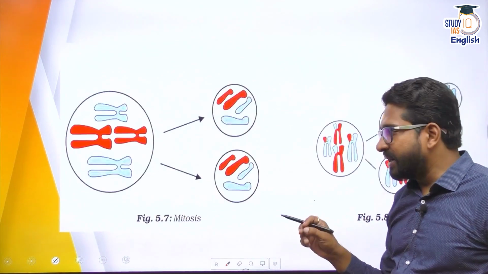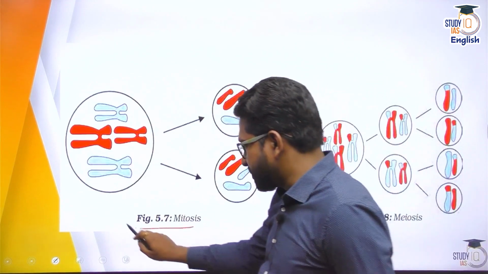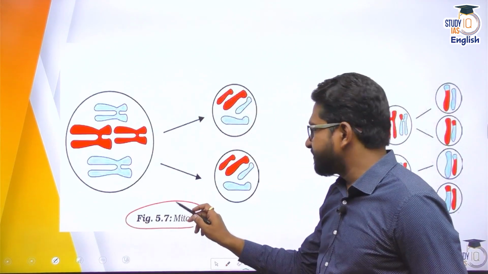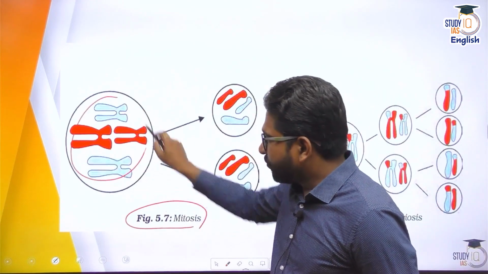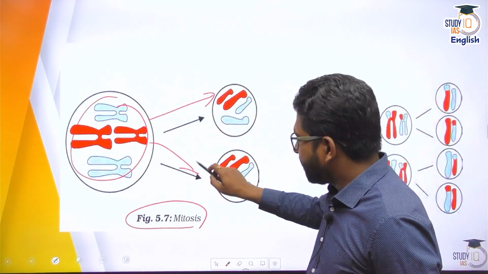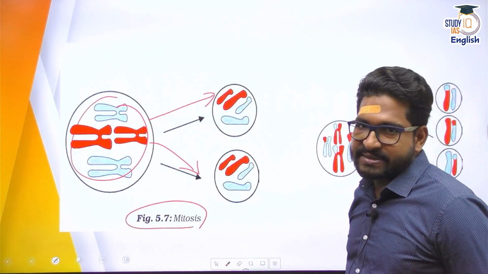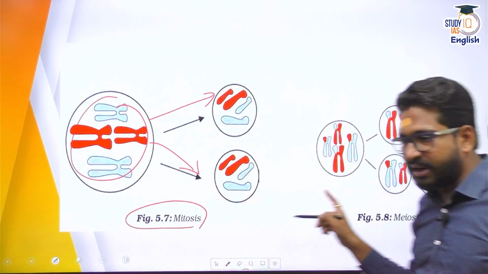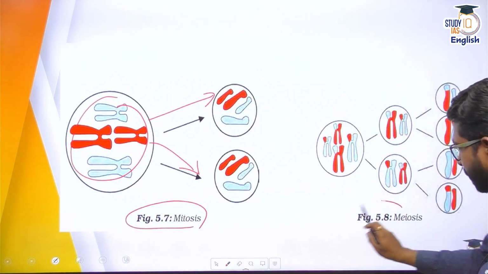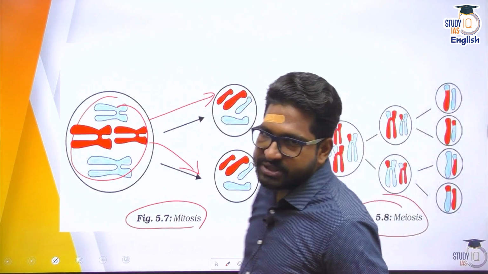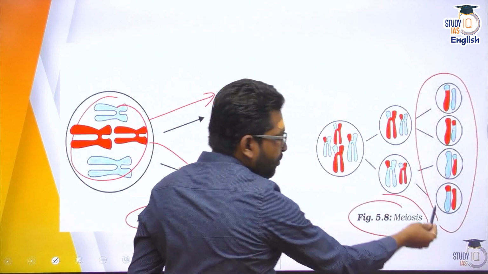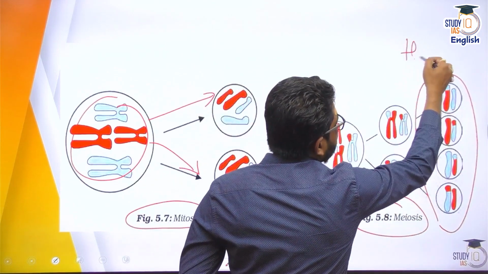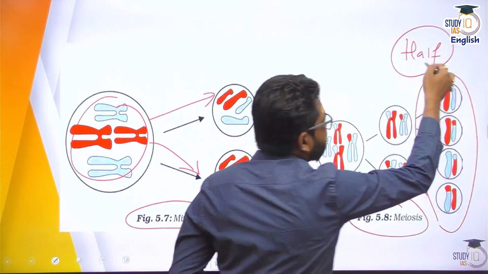Let me explain it clearly again. In mitosis, a complete set of chromosomes can be seen in the two daughter cells. But when you talk about meiosis, four haploid cells are produced where only half the chromosomes are transferred.